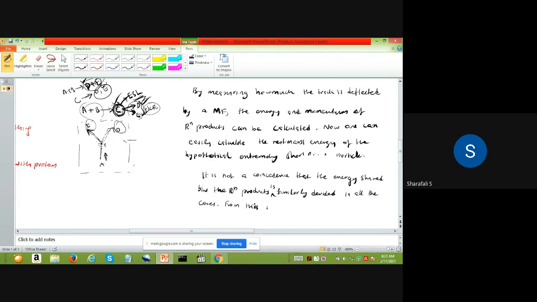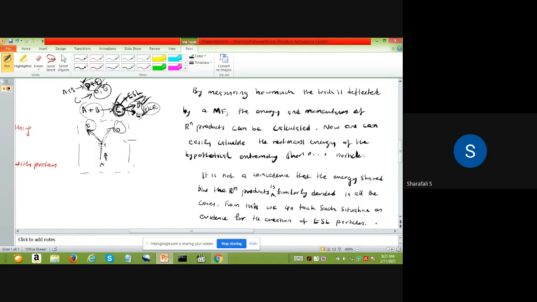So from this we can take such a situation as evidence for the creation of extremely short-lived particles.